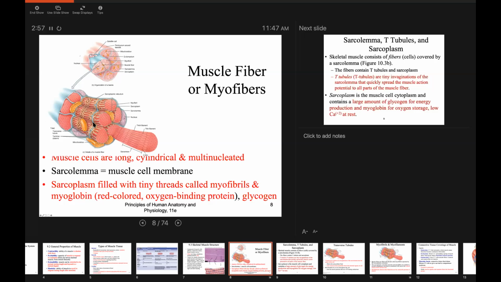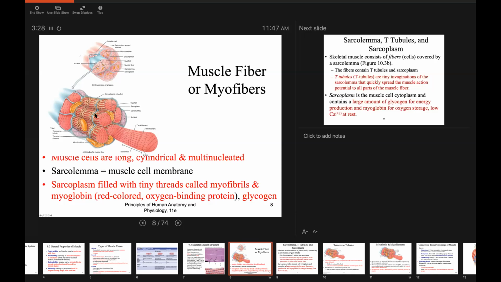Now, on a regular cell, we see smooth endoplasmic reticulum and rough endoplasmic reticulum. In a muscle cell, we also see rough endoplasmic reticulum, because we need to make lots of the proteins. But a lot of the smooth endoplasmic reticulum has been modified to form this web-like network that surrounds each myofibril.